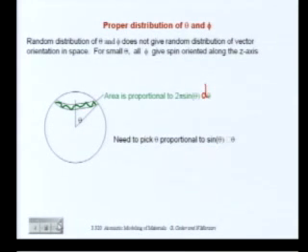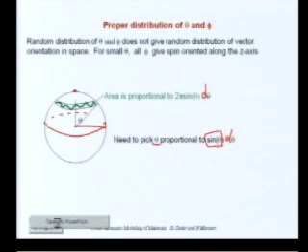So really what you need to do is pick theta proportional to sine theta d theta, or proportional to sine theta, really, because sine theta is 0 when theta is 0. So there are very few states here, and there's a maximum amount of states around the sphere when you're at theta equals 90 degrees.